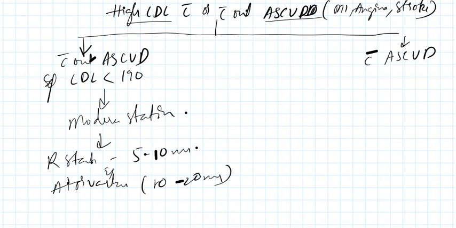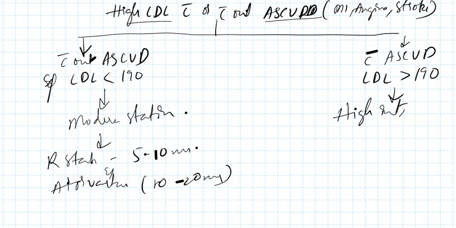Okay. Now, if the patient is with atherosclerotic cardiovascular disease or LDL is greater than 190, you will give high intensity statin therapy. What is meant by that?